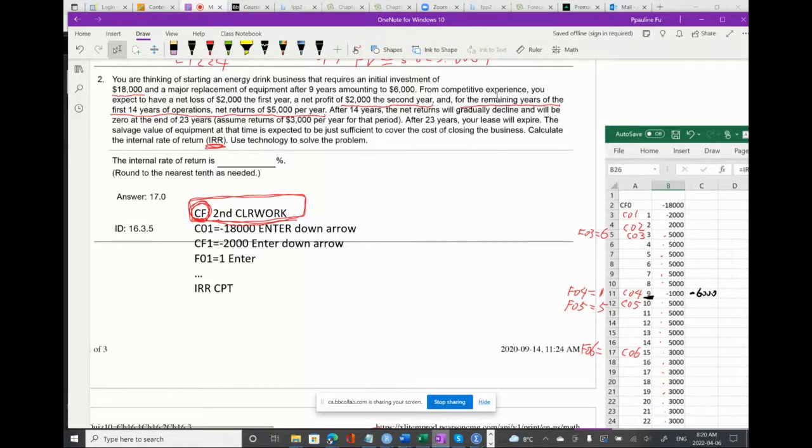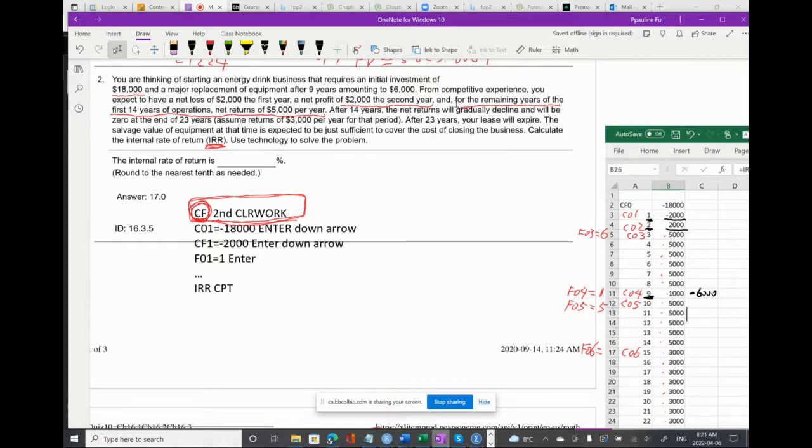From competitive experience, you expect to have a net loss of 2,000 in the first year. Net loss means negative. A net profit of 2,000 the second year. So profit 2,000 for the second year.